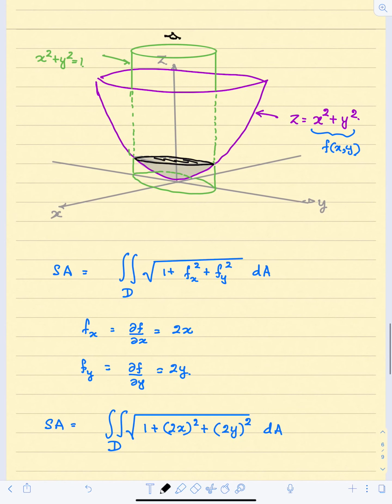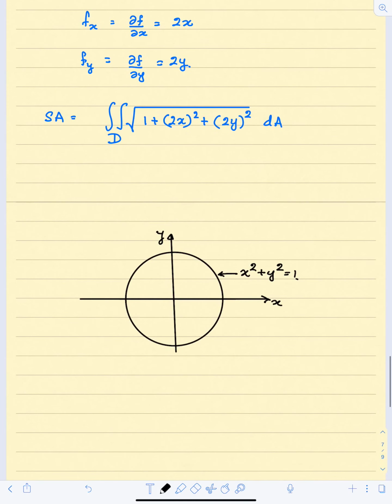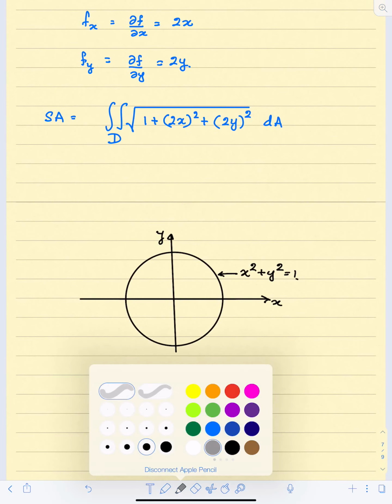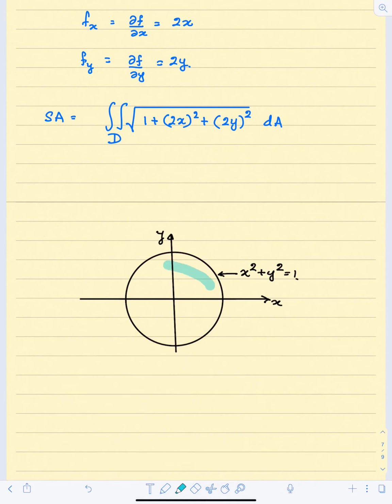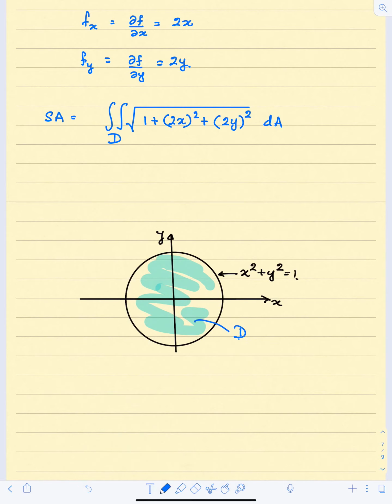Because if we consider the intersection of the cylinder and the paraboloid, you will see this circle and its radius is 1. So this part is your domain D.